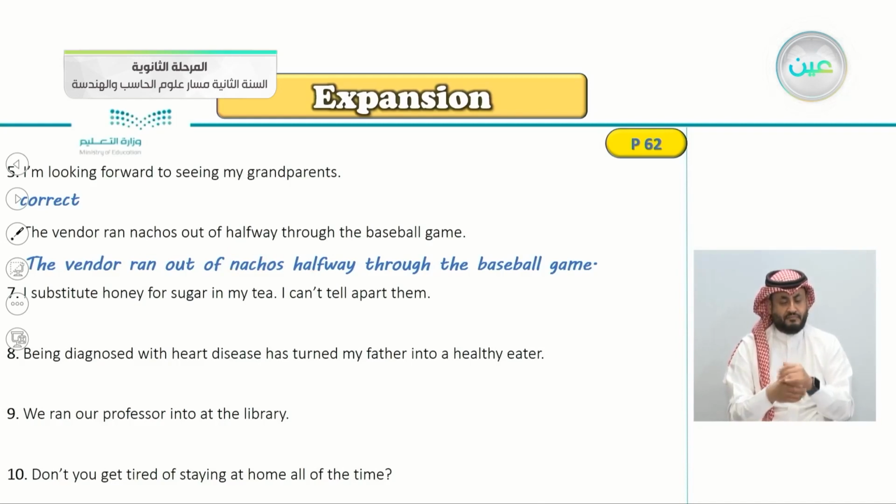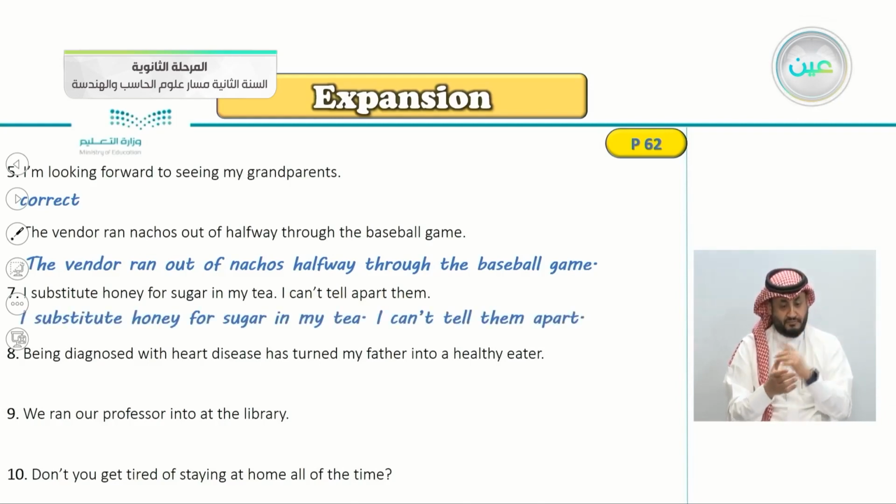Number 7: I substitute honey for sugar in my tea. I can't tell apart them. So this is wrong. The correct answer would be: I can't tell them apart, which means that they have the same taste.